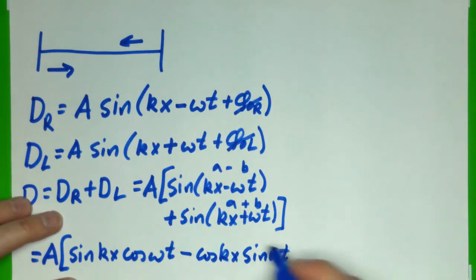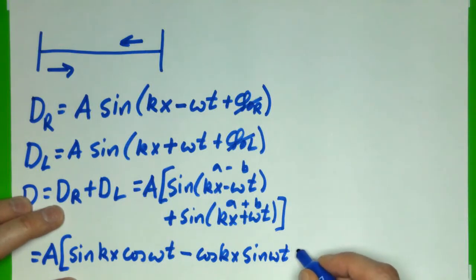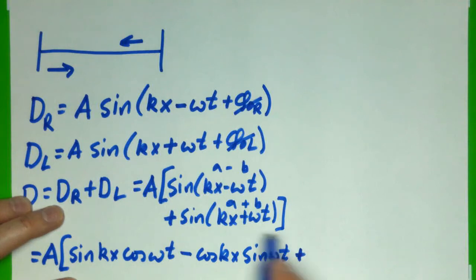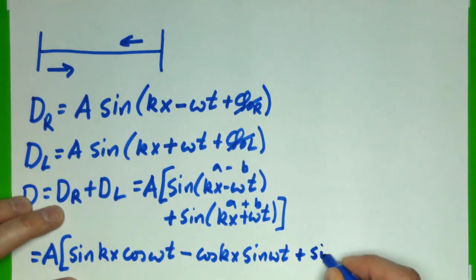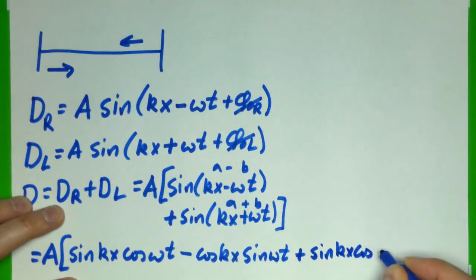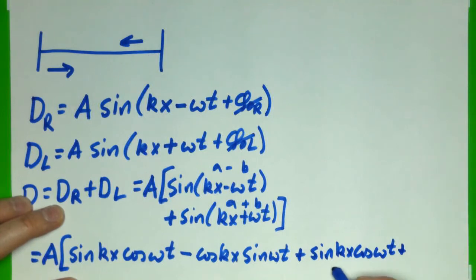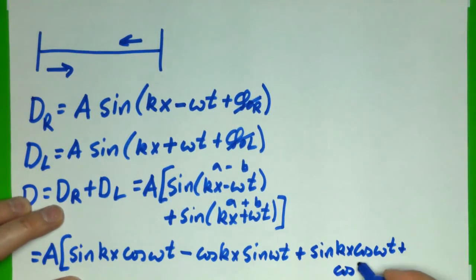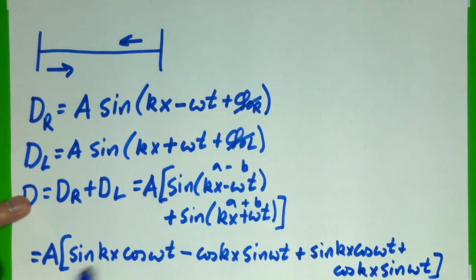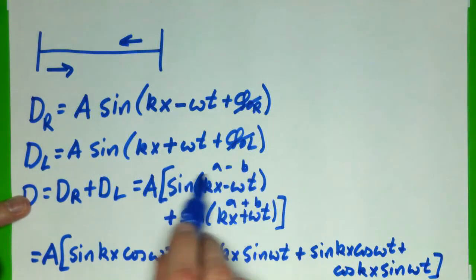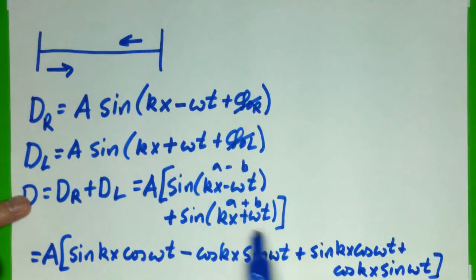Then we do the next one, which I'm going to have to write a little tighter to fit across this page. Then we're going to have plus sine of kx cosine of omega t, plus cosine of kx sine of omega t. Close that bracket. These two terms came from the trig identity for the first term, and these two terms came from the trig identity for the second term.